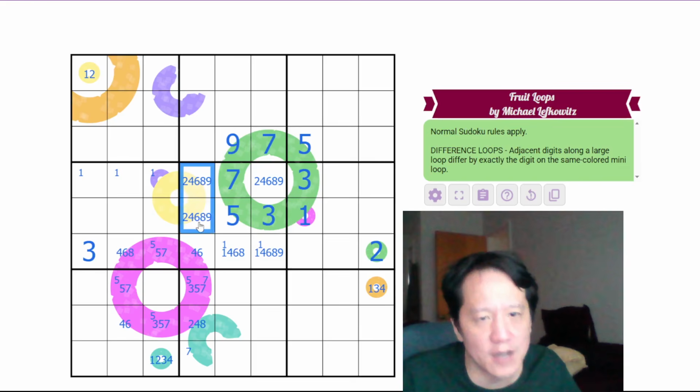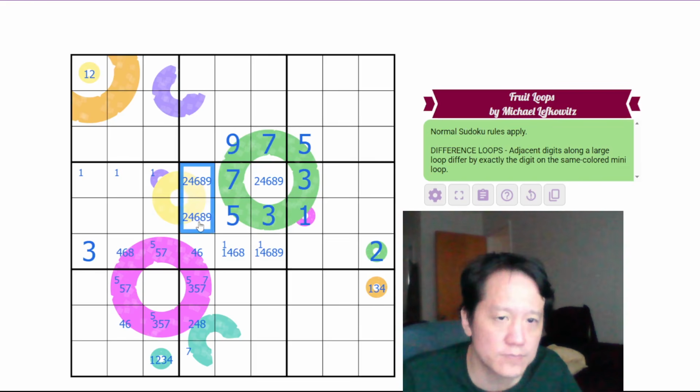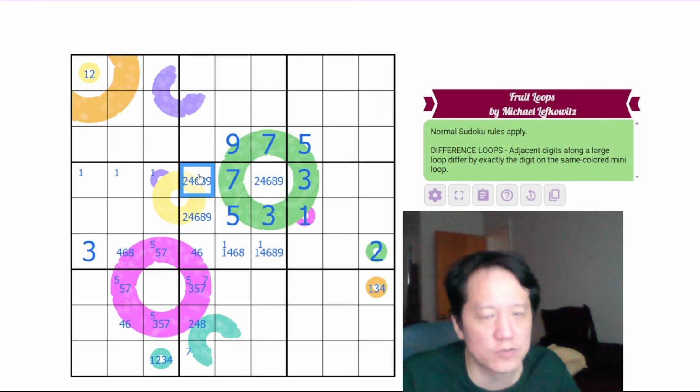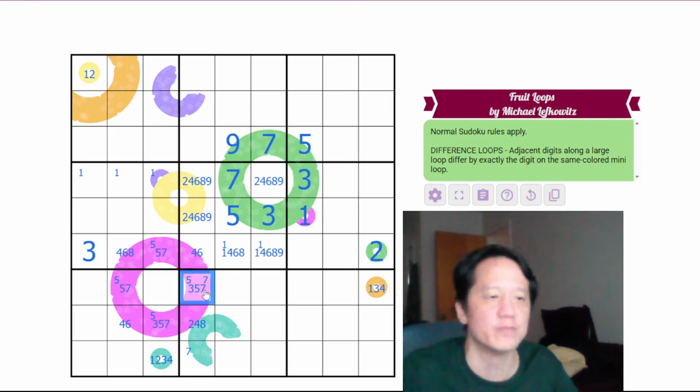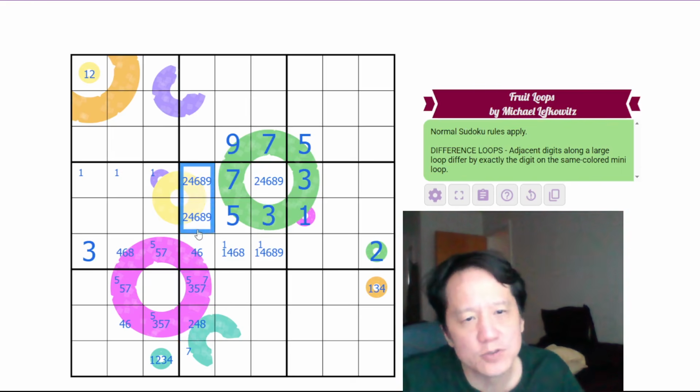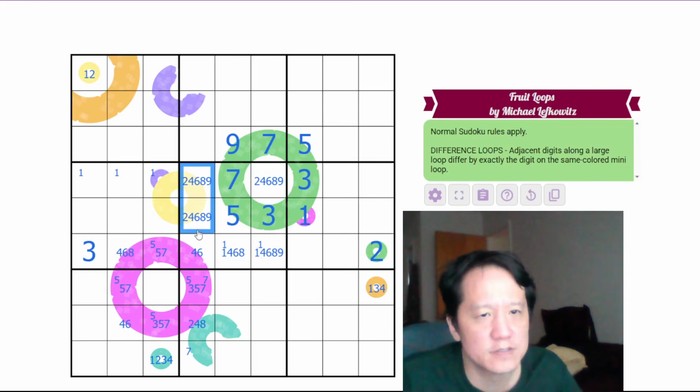So that does not work. So 4 doesn't work, and 2 and 6 has the same problem. 2 and 6 forces this to be 4, which makes this 8 here, and 4 and 8 are not going to have a digit that's one apart from both of them. So it cannot be 4 and 8.